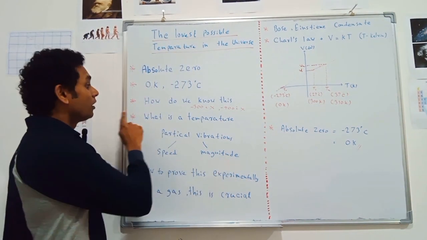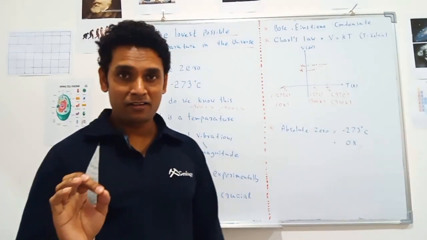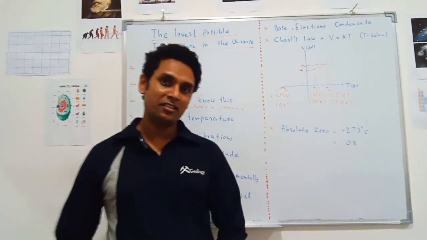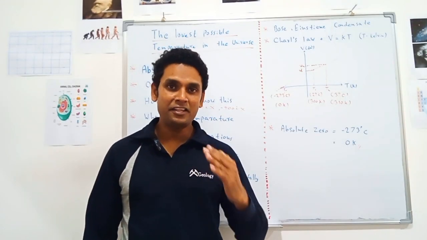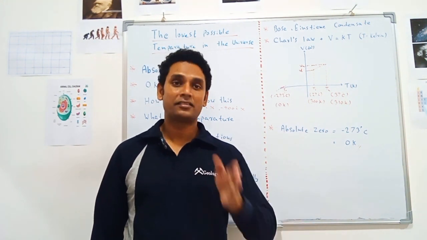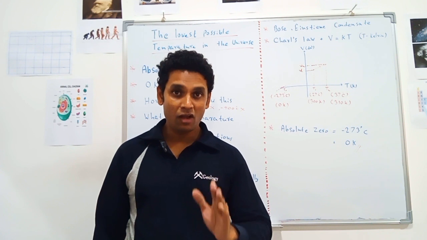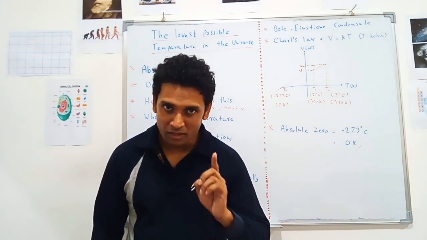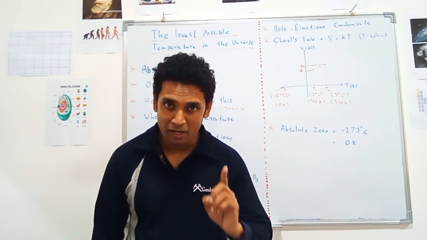Okay. First of all, we have to understand what temperature is. Temperature is an indication of the thermal energy that any object has. The thermal energy does not exist as thermal energy in an object.